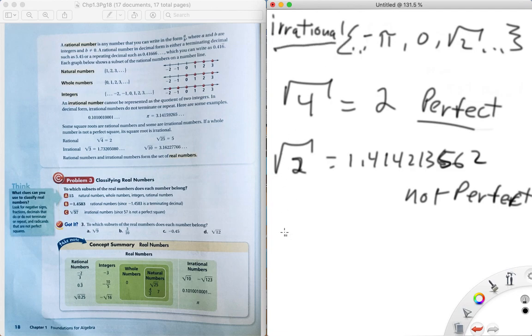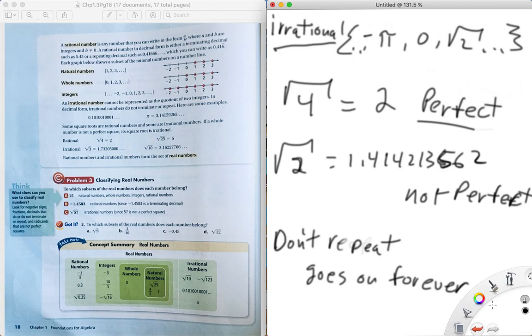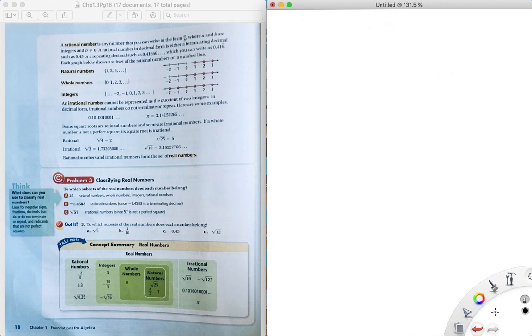Those are numbers that don't repeat and go on forever. Those are irrational numbers. So anything that's a non-perfect square will always be an irrational number. Always. Okay.